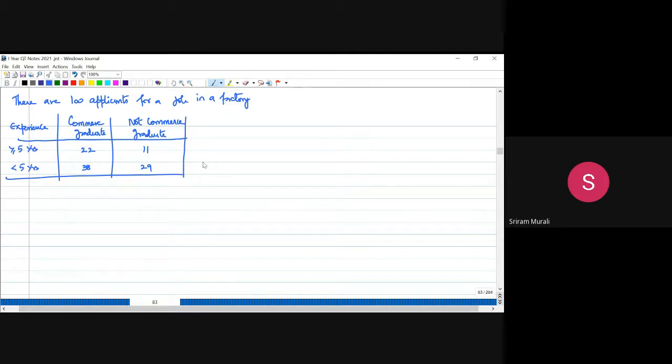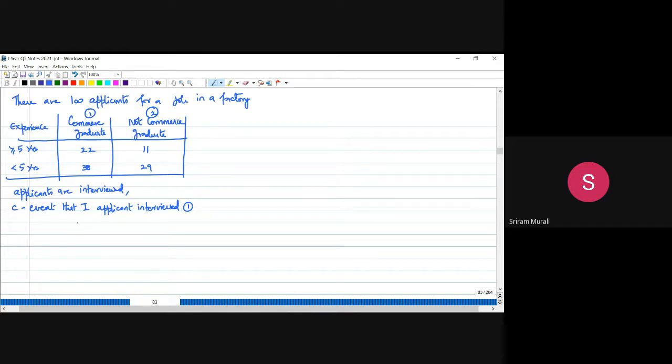If the order in which applicants are interviewed by a factory manager, so applicants are interviewed, and C is the event that the first applicant interviewed is a commerce graduate.